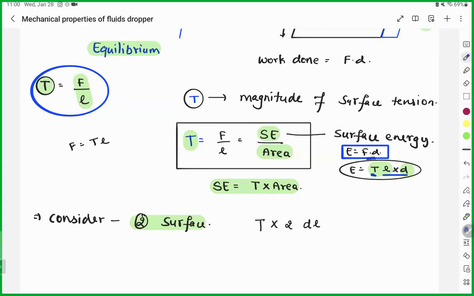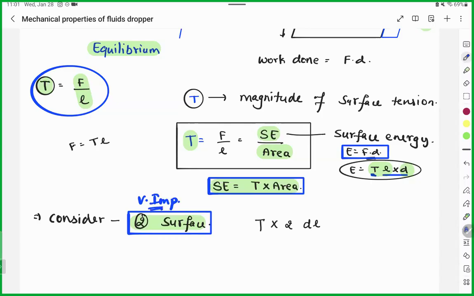Correct? We wrote the same stuff here. But while you are expanding, both the inside and outside surfaces are acting. So you always consider two surfaces. Note it down, very important. I will check in your notes. Did you mention very important? You will consider two surfaces.